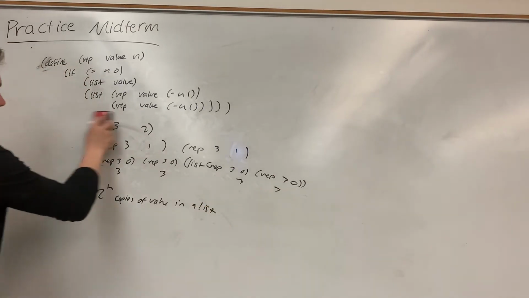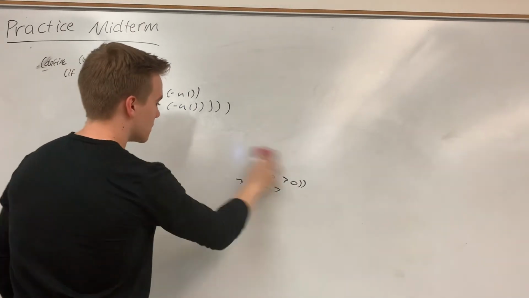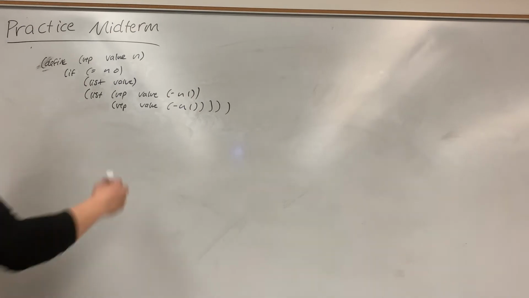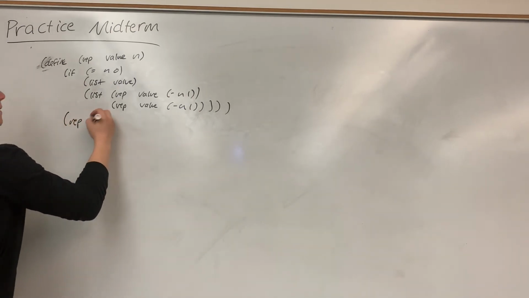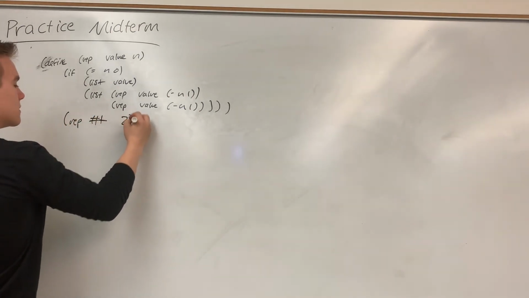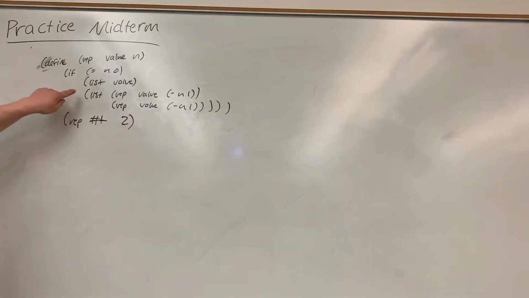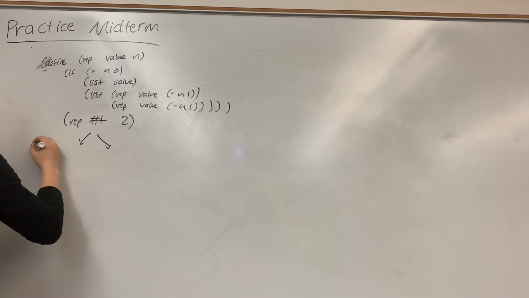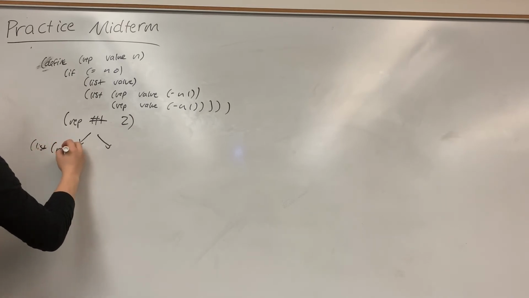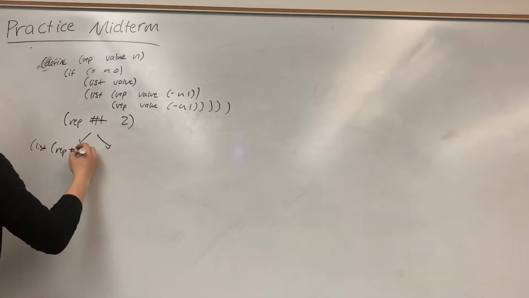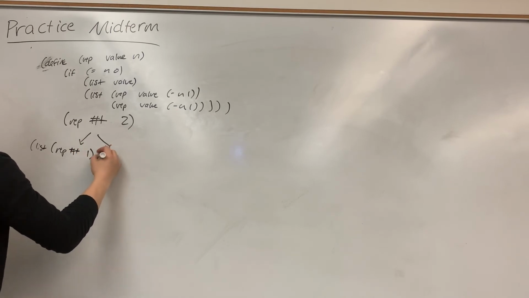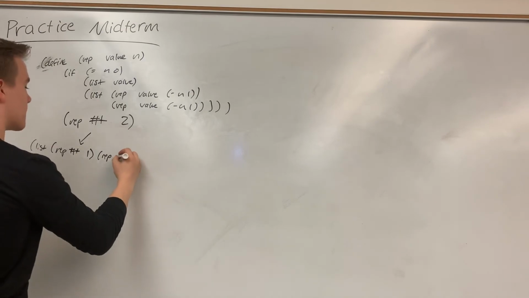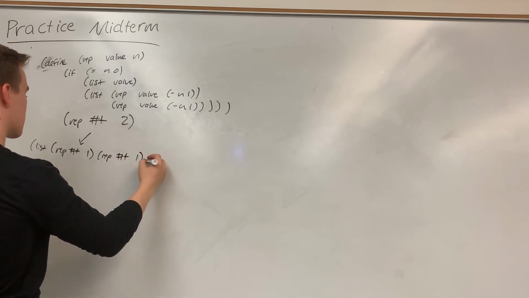So I'll erase this really quick and write the actual thing we have to draw the tree of recursive calls for. It's rep true 2. Because n is not 0, this will call list on rep true 1, rep true 1. Wow, this is going to be long.